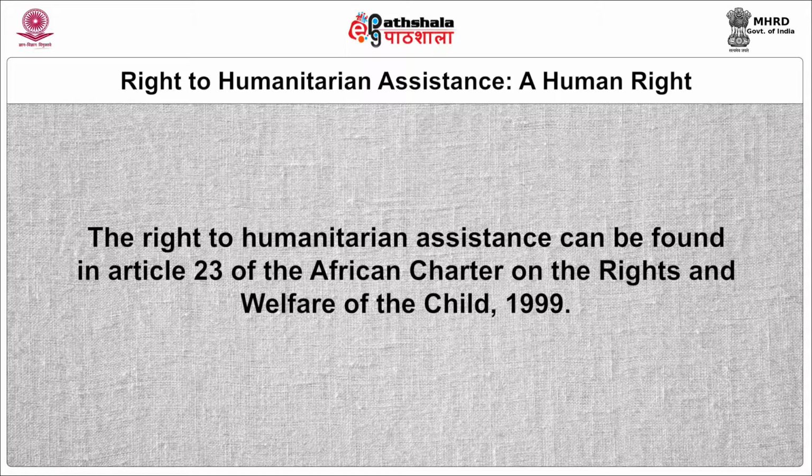The right to humanitarian assistance may be found in Article 23 of the African Charter on the Rights and Welfare of the Child, which states that parties to the present Charter shall take all appropriate measures to ensure that a child who is seeking refugee status or who is considered a refugee in accordance with applicable international or domestic law shall, whether unaccompanied or accompanied by parents, legal guardians or close relatives, receive appropriate protection and humanitarian assistance in the enjoyment of the rights set out in the Charter and other international human rights and humanitarian instruments to which the states are parties.